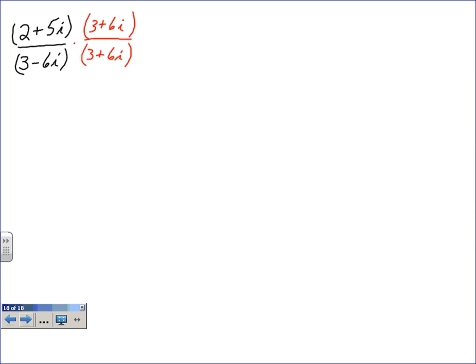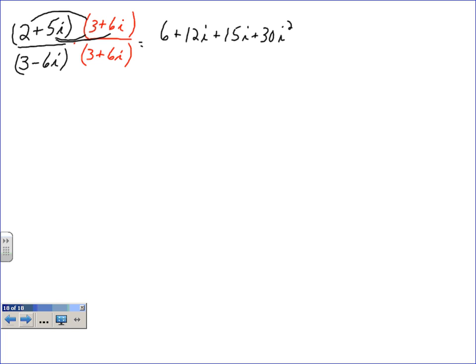All right? So let's do that. And let's look at the numerator and use FOIL. 2 times 3 is 6. 2 times 6i will give me 12i. 5i times 3 will give me 15i. And 5i times 6i will give me 30i squared.